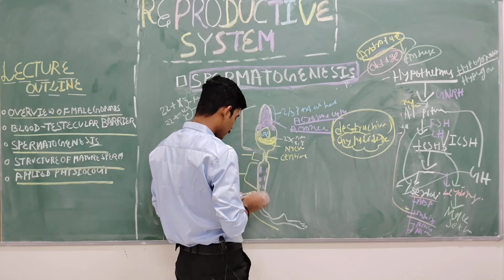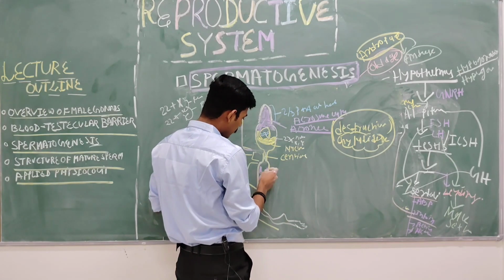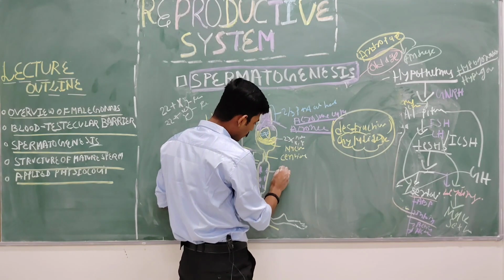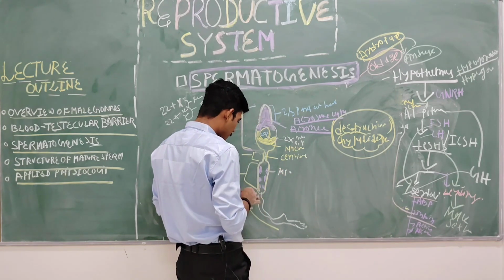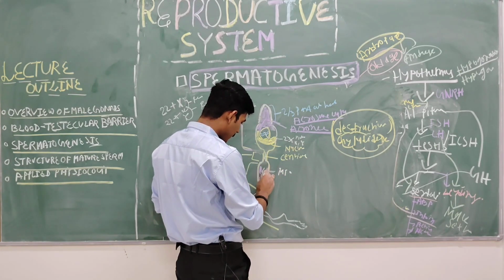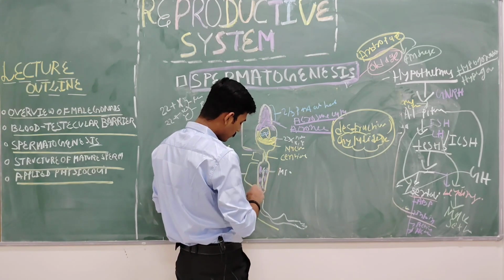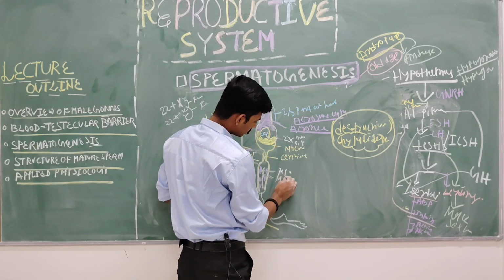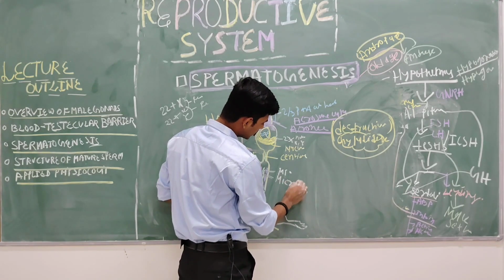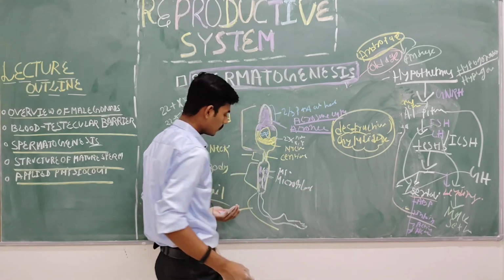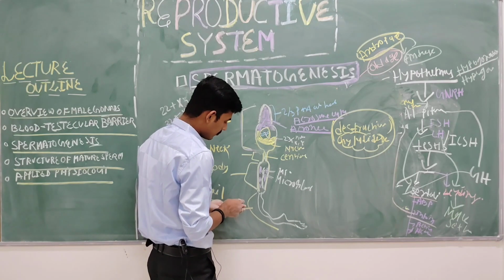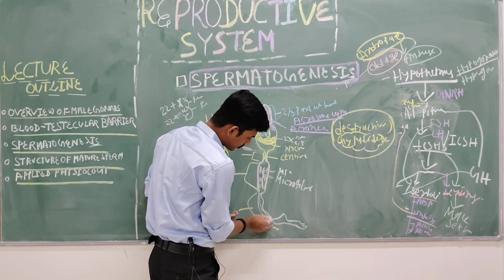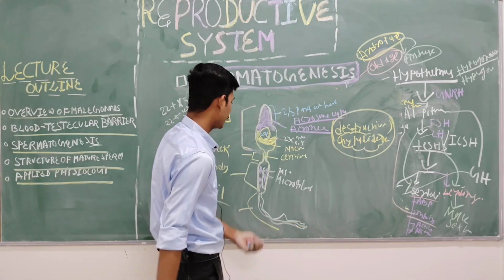This is referred to as mitochondria, and it has a spiral of microfilaments. Are you getting the points? And then there is a long tail.